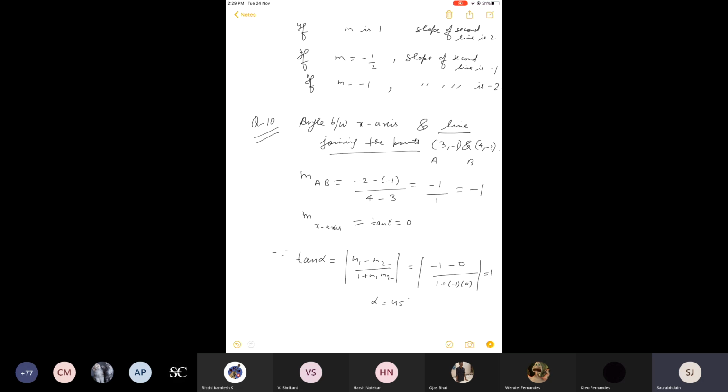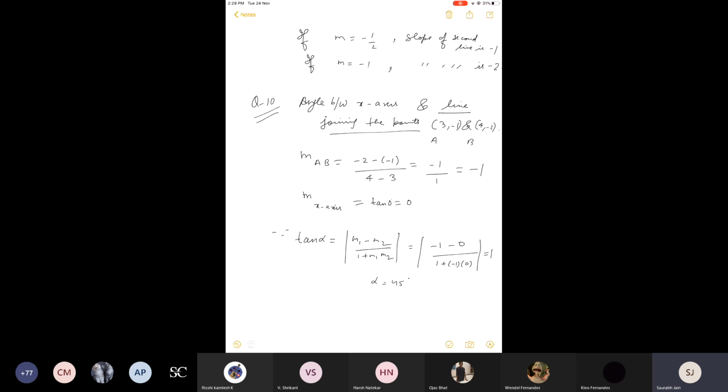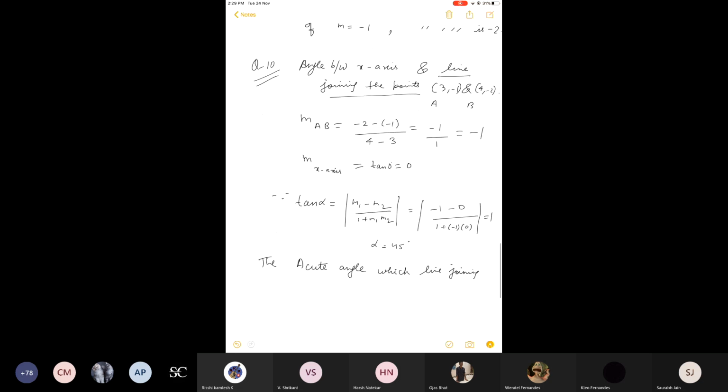So basically, the acute angle which the line joining 3 comma minus 1 and 4 comma minus 2 makes with x-axis.